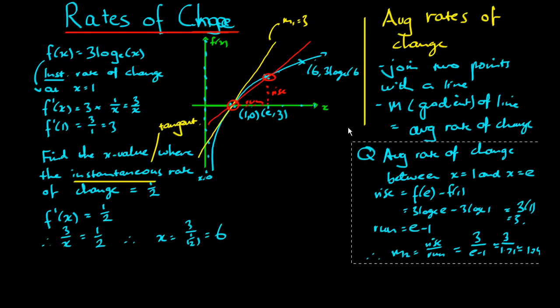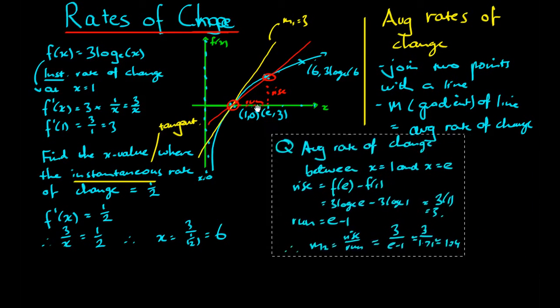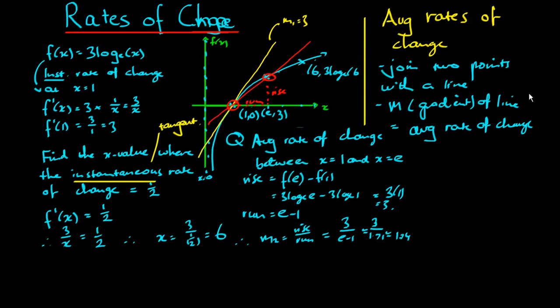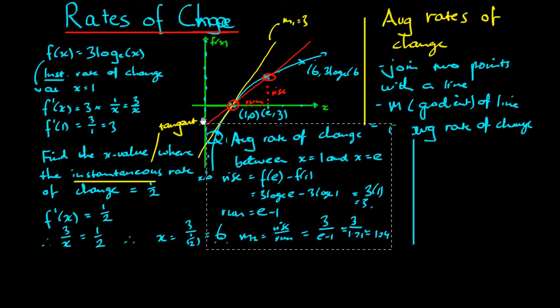Move this question over. Similarly, in the first example I did to the very left, when we were discussing instantaneous rates of change, it was asked, find the point where the instantaneous rate of change was a half.